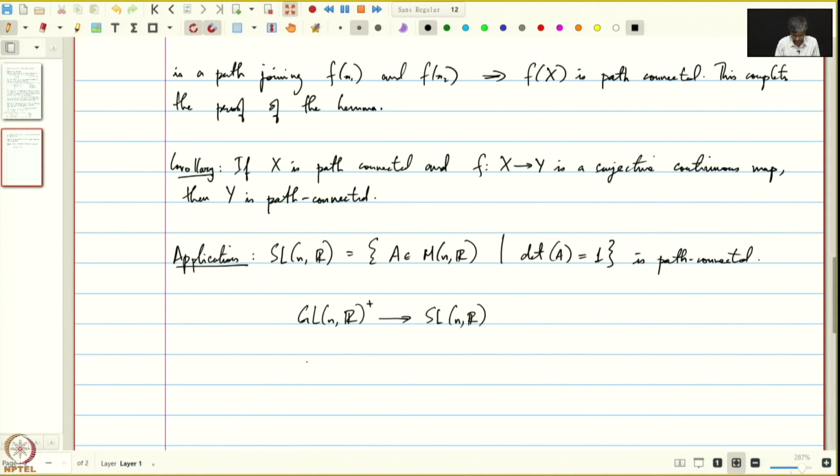So this map is, if I take a matrix A, A gets mapped to this. We just divide all the entries in the first column by determinant of A, and the other entries are as they are.